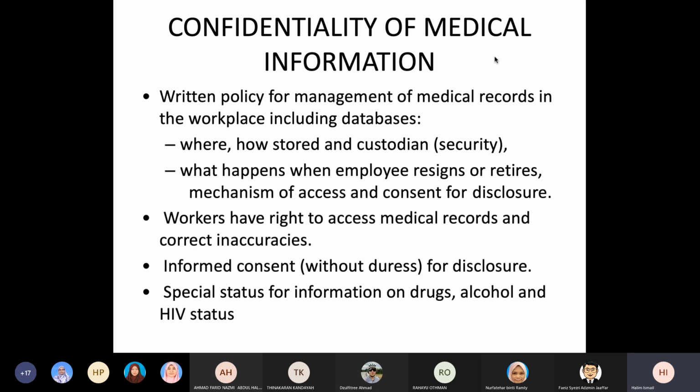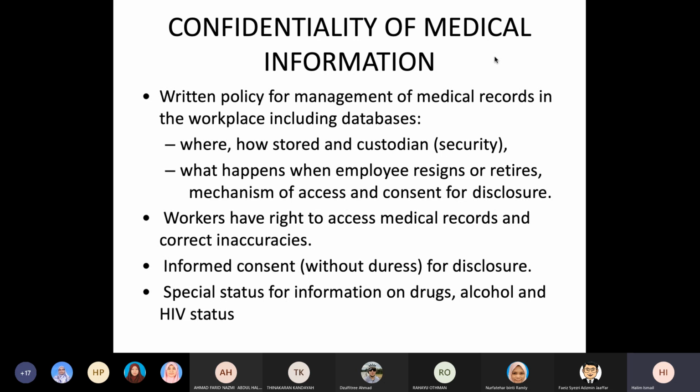So for us to prove that the lung cancer is a result of exposure to asbestos, we need to have access to all these employees' work records, medical records, and so on. Okay, so that's where this problem comes in, especially after the employees have resigned or retired.